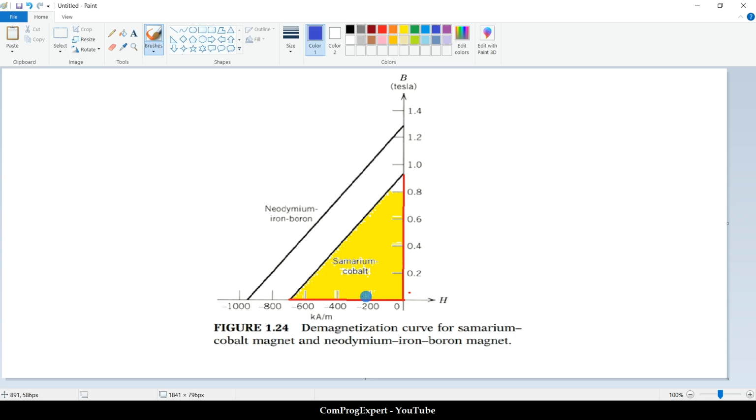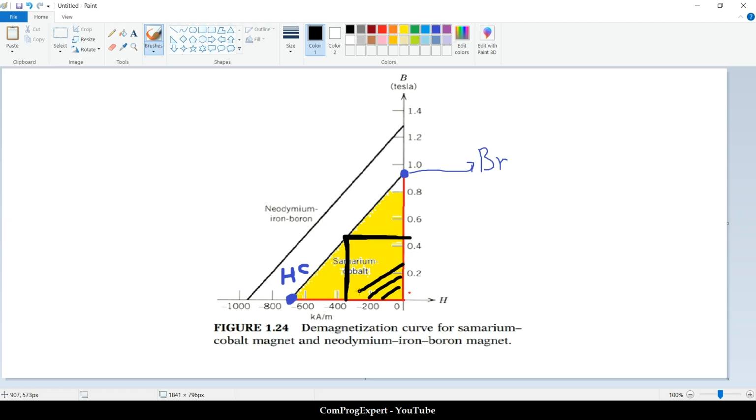But in this case, because we have this triangle, depending on the value of BR and the value of HC, these two numbers, this is BR and this is HC, the coercive force, we can find the maximum energy product point. So this is in the middle, this rectangle that we have.